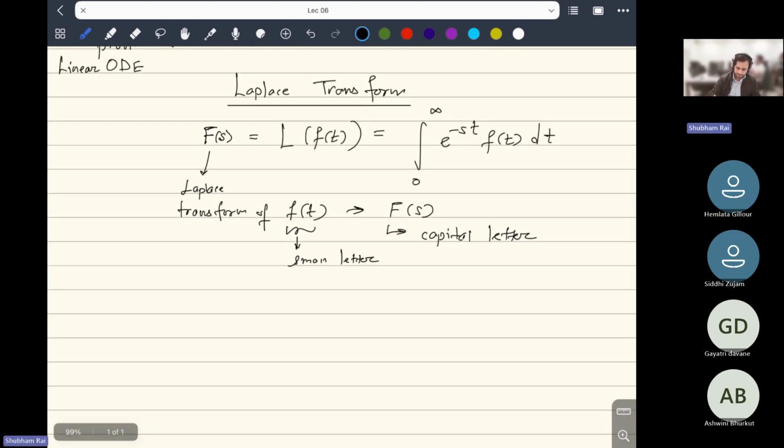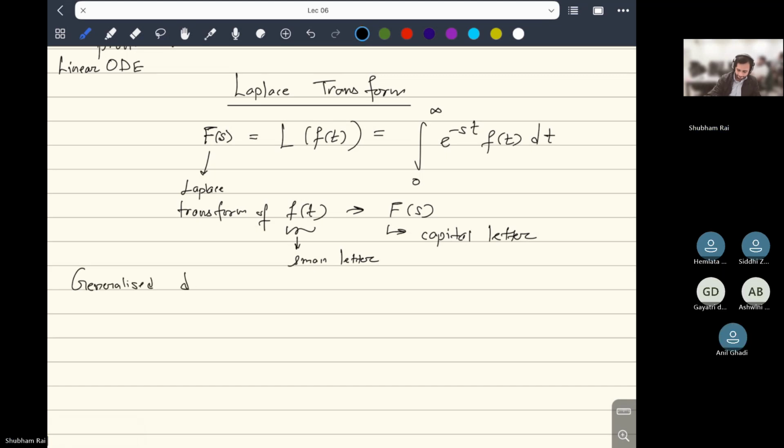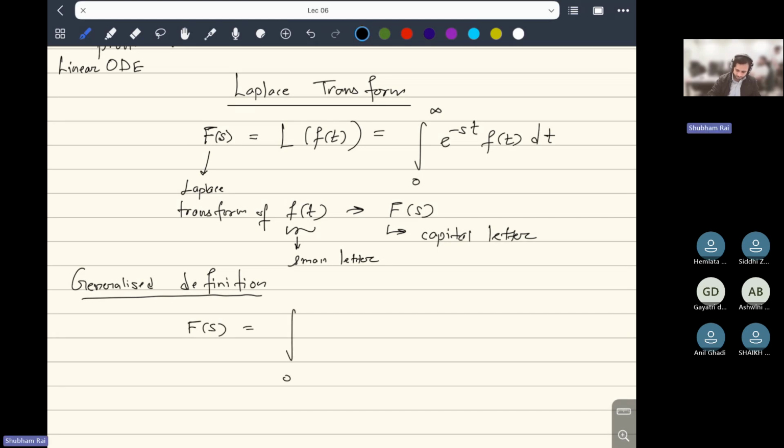In a generalized way, I'm writing the generalized definition here. This is an integral transform, which is multiplied by a kernel function.